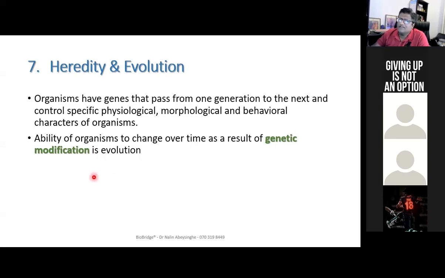Over thousands and millions of years, these small changes in genes accumulate over generations. For a significant detectable evolutionary change to happen, you need 100 or 200 generations to pass. So it's not a quick thing.